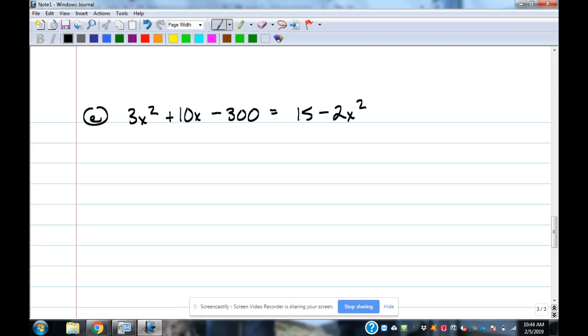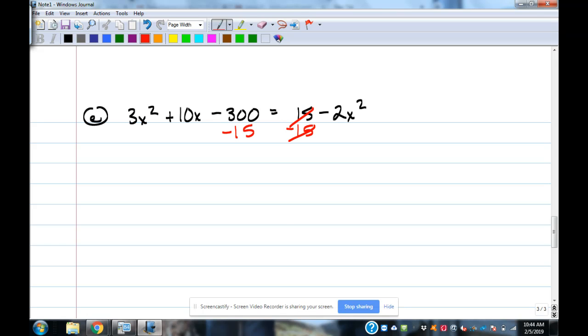We can make it a little smaller. So what would our first step be? Get it equal to 0, absolutely. So what am I going to do to get it equal to 0? If I subtract 15, that'll get rid of that piece.